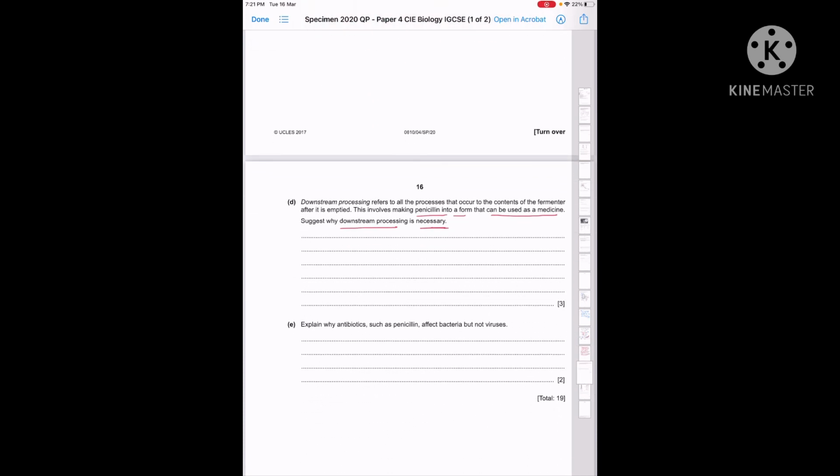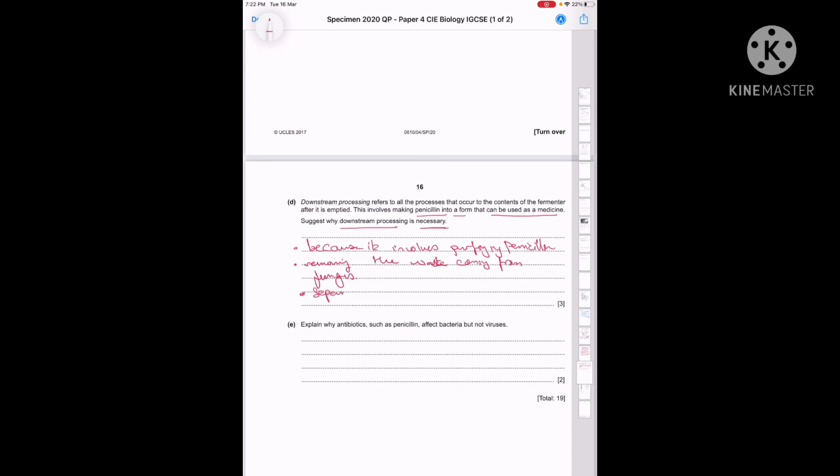So I would say, why is it necessary? Because it involves purifying penicillin, removing the waste coming from fungus, okay. Not only removing the waste, but removing the fungus itself, okay.